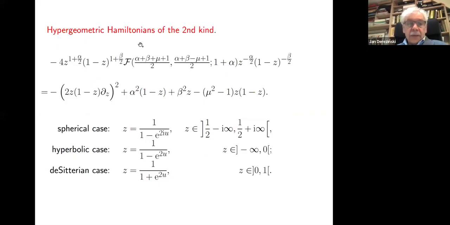Next, there is a family of hypergeometric Hamiltonians of the second kind. Now you do a similar thing as for the first kind, but you can see that there are different weights which are used to multiply the hypergeometric operator.